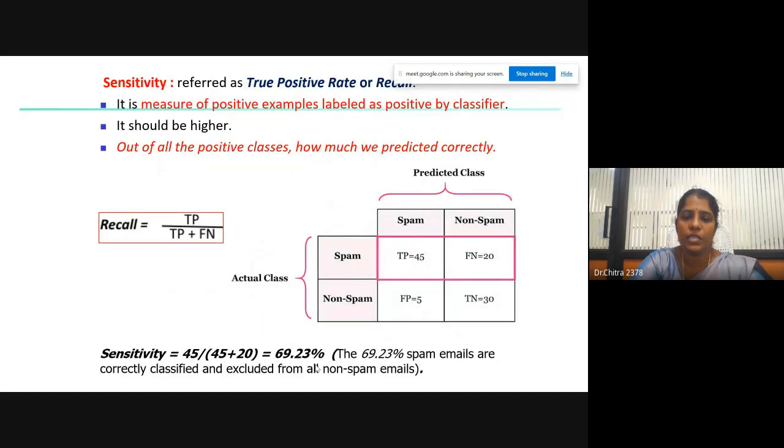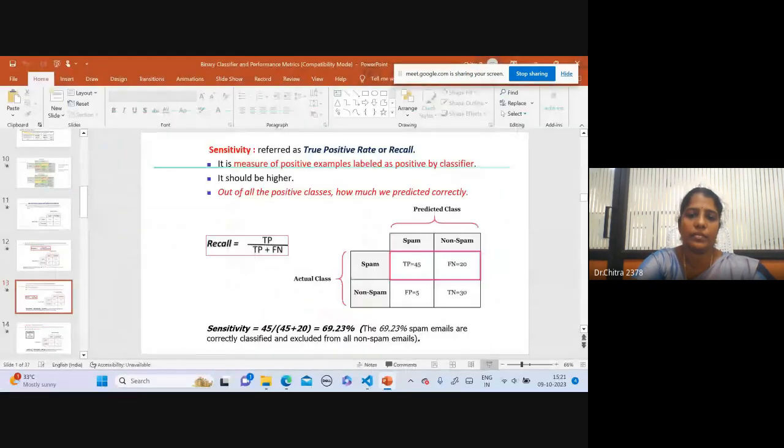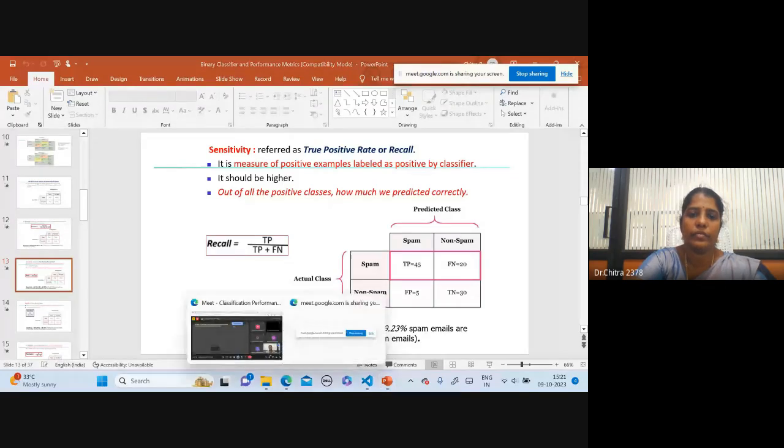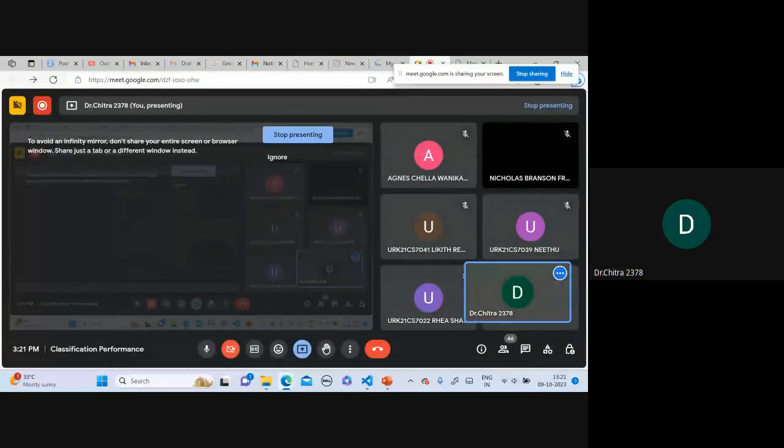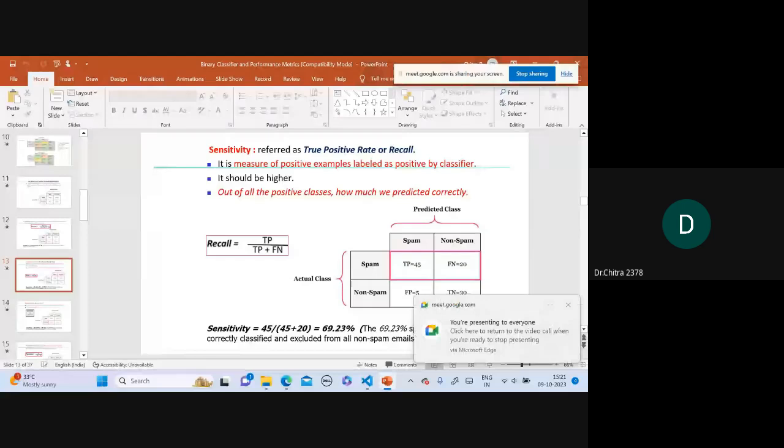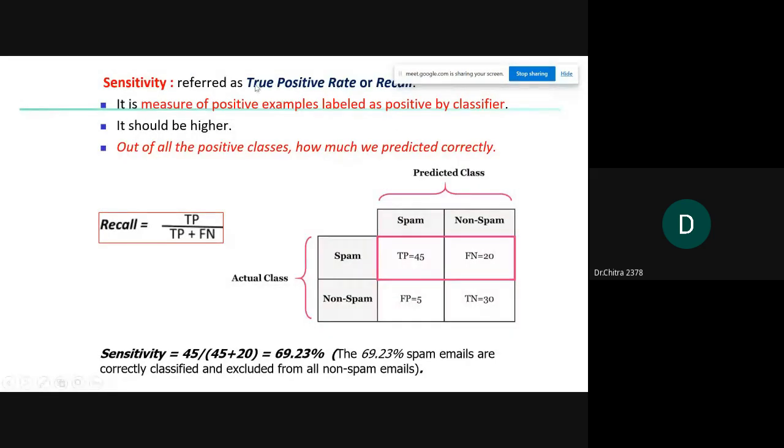The next one is the sensitivity. Sensitivity is referred to as the true positive rate or recall. The other name for sensitivity is recall. True positive rate means how many values are positively predicted correctly. The recall or sensitivity can be calculated by using the formula true positive divided by true positive plus false negative.